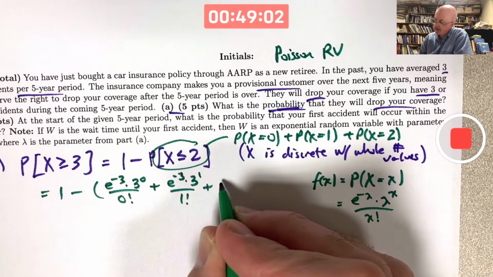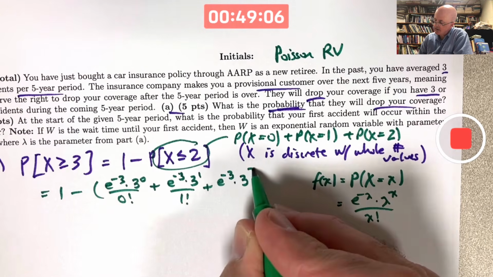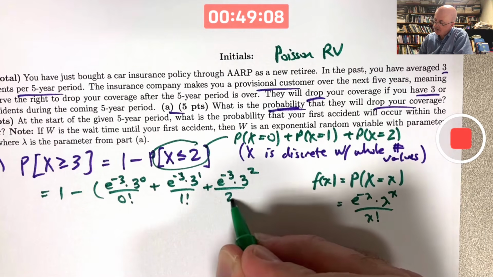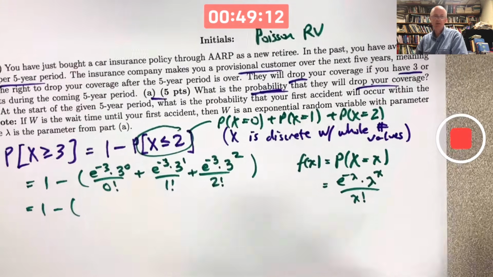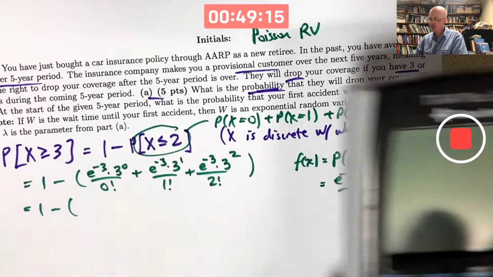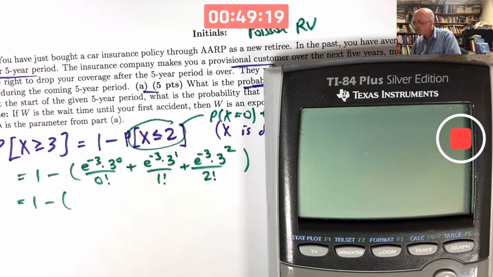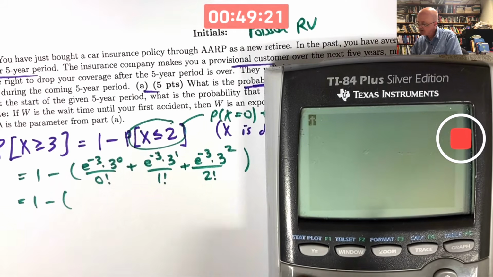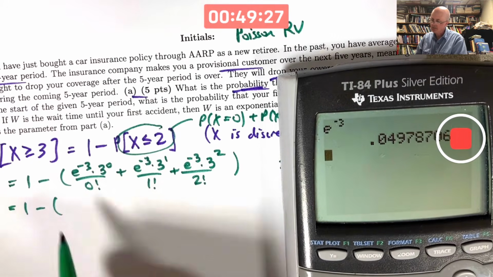And when x is 2, I get e to the negative 3 times 3 to the second power divided by 2 factorial. Okay, 0 factorial is 1, 3 to the 0 is 1. This first term is e to the negative 3. And in fact, I could factor that out. I won't bother.